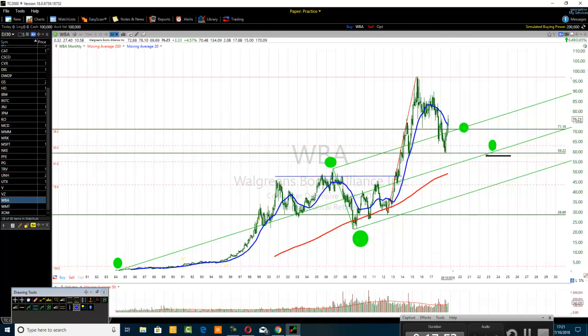Another one there. We can keep drawing the horizontal line, or at this line, for instance, we can extend all these resistance. So we can say that there is another one here. But you don't want to forget also the median line of the Pitchfork tool, yes or no? The upper half of this Pitchfork tool.